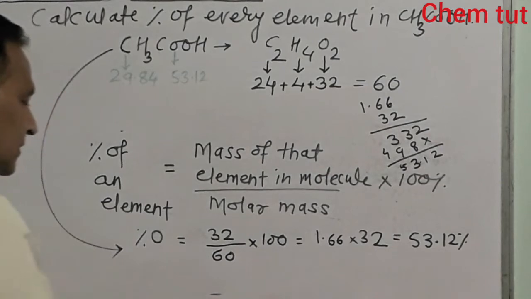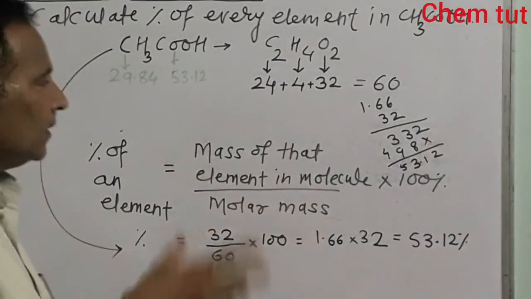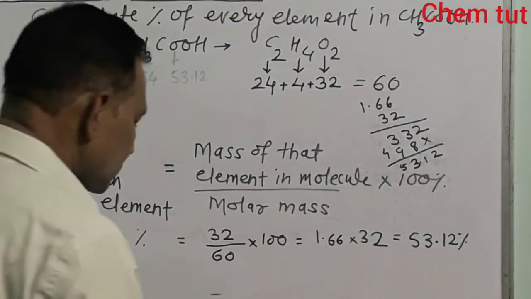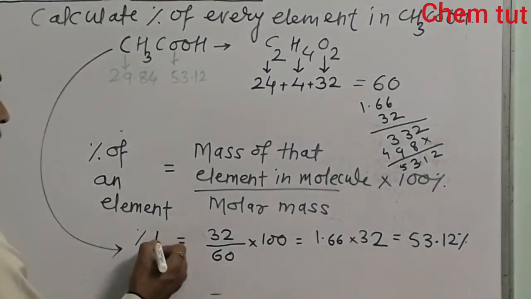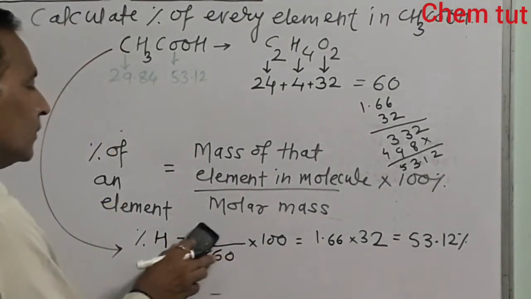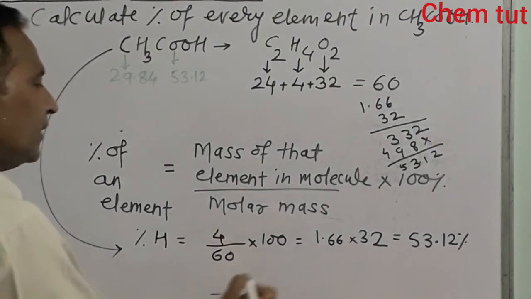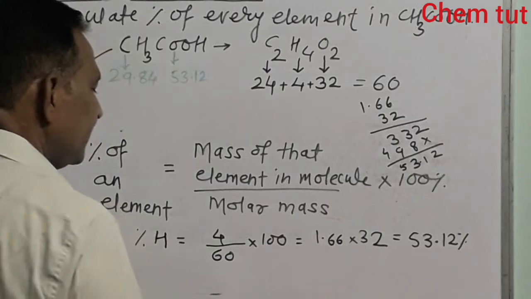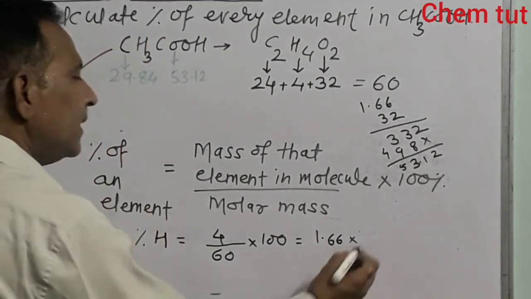And lastly, if you try to calculate the percentage of hydrogen, there is no need to calculate it, just add these two and subtract from 100, and you will get the percentage of hydrogen. But if anybody wants to calculate it, we can write: percentage of hydrogen is equal to 1.66 multiplied by 4, because the contribution of hydrogen in the molecular formula is 4, not 32.